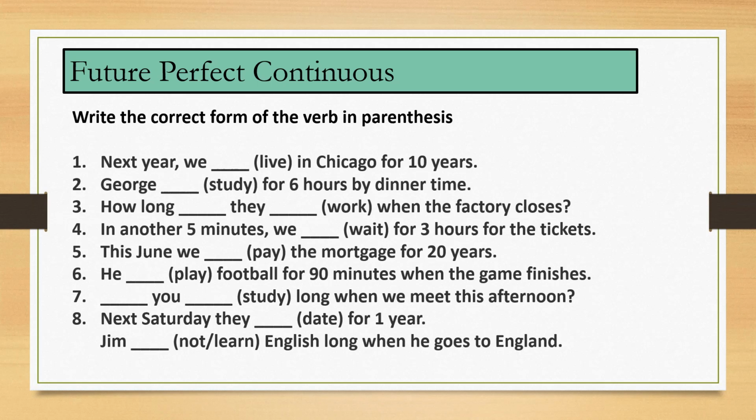Me, teacher. Yes, okay. Go ahead, Manuel. Next Saturday, they will have been dating for 1 year. Very good. Excellent. And number 9, the one that has no number. That's a negative one. That shouldn't be difficult.